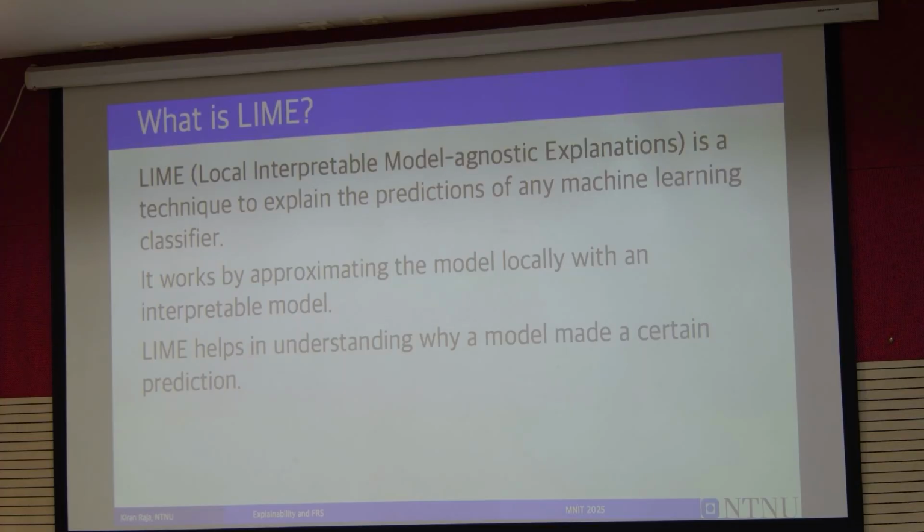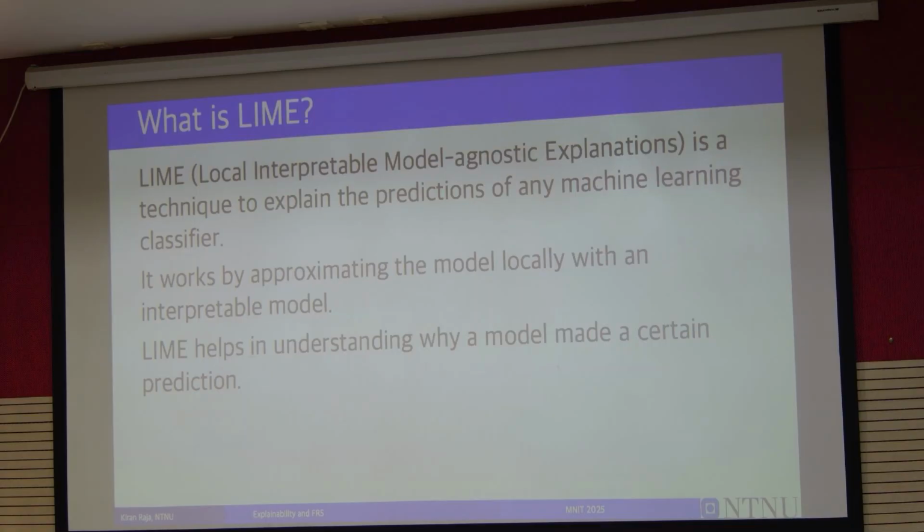The idea here is that it approximates the model locally within a bigger model, called an interpretable model. And the added advantage is that it helps you in understanding why a model made a certain prediction, not the other prediction. Why do I say that this is a cat instead of just saying this is a cat? The why factor comes into the picture here.